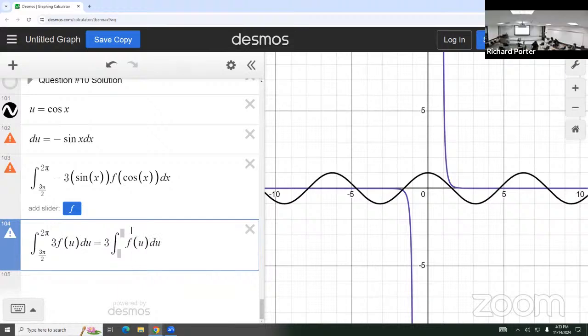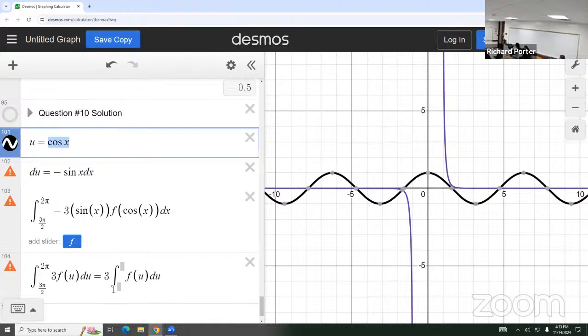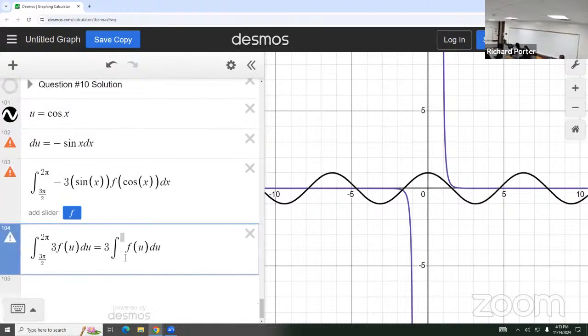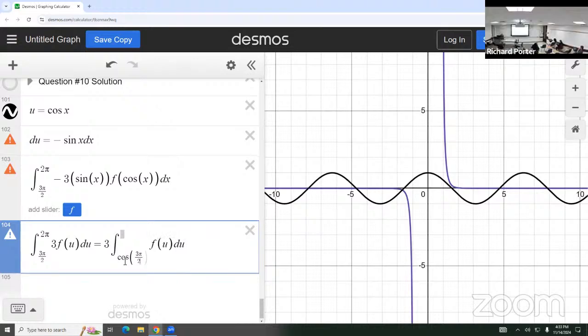Okay. So now what do I put for these two sides here? Do I put 3 pi over 2 and 2 pi? Or do I put something else? I put something else. What's u here? U is cosine, so it's going to be cosine of what? Cosine of 3 pi over 2. And what's it going to be at the top then?